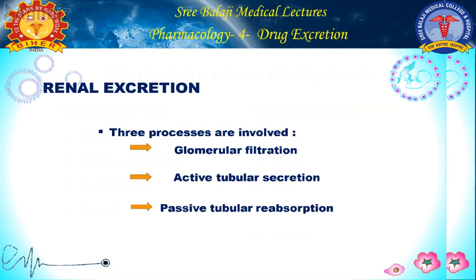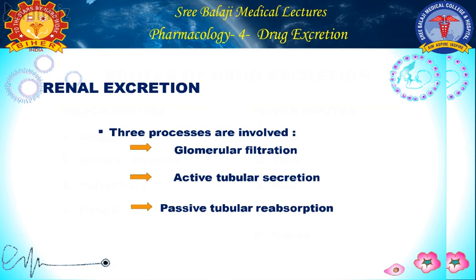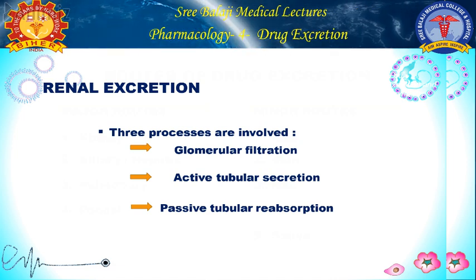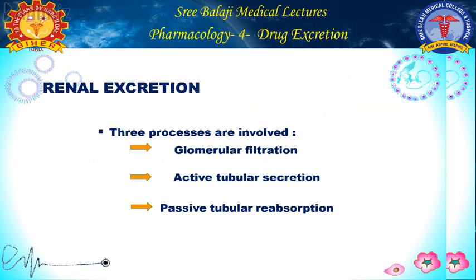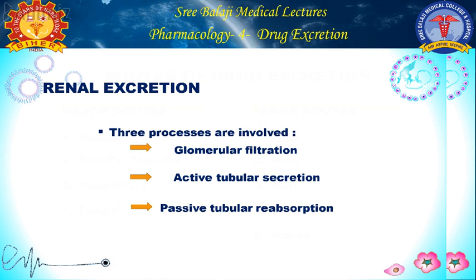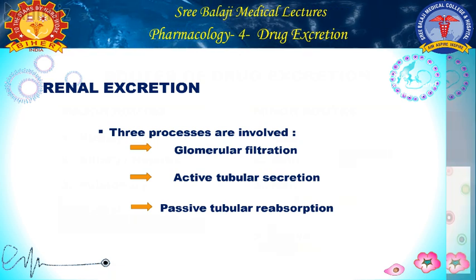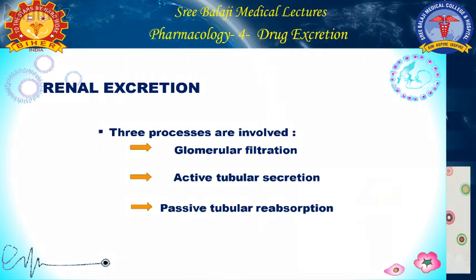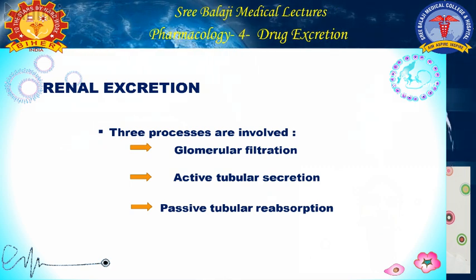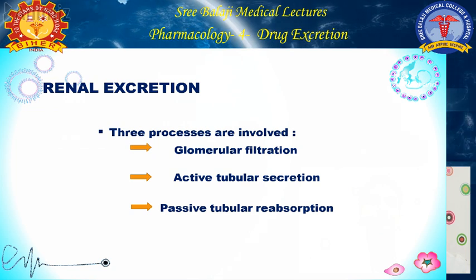In glomerular filtration, the renal artery carries the blood to the glomerulus, which is a tuft of capillaries, and from the glomerulus it gets filtered through the Bowman's capsule. It is a sieve-like structure which allows the filtrate to enter the proximal tubular lumen.